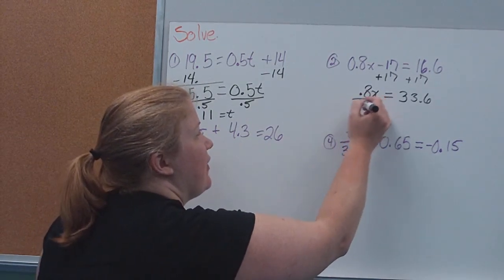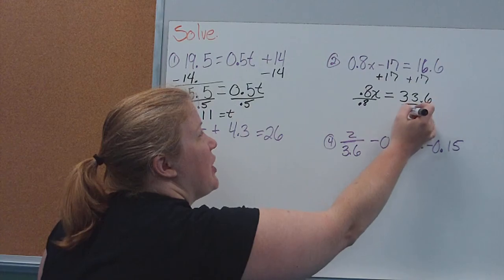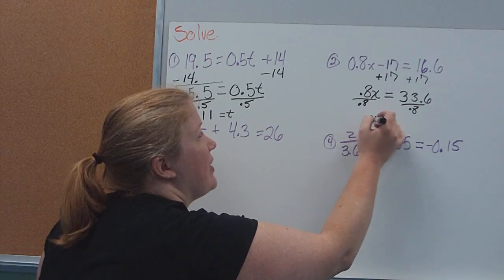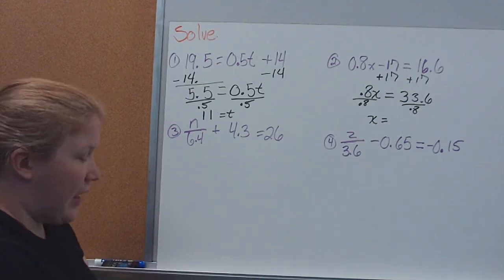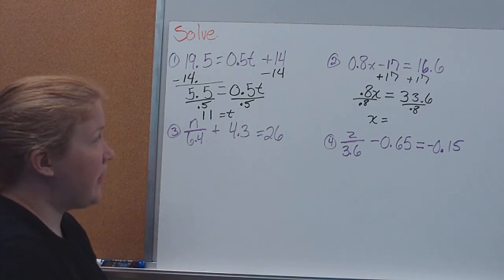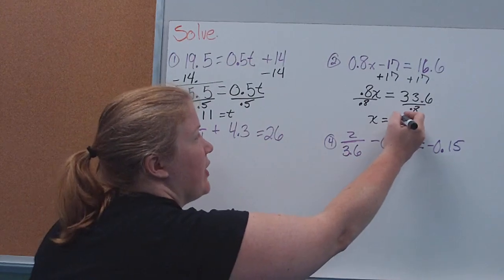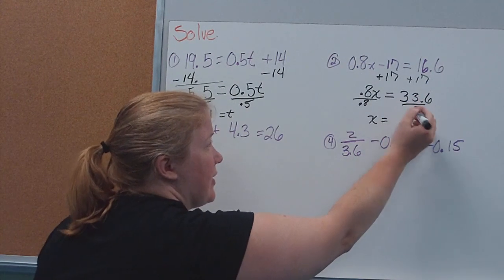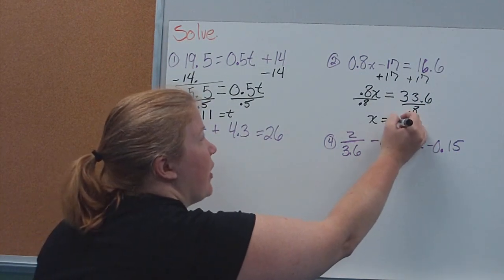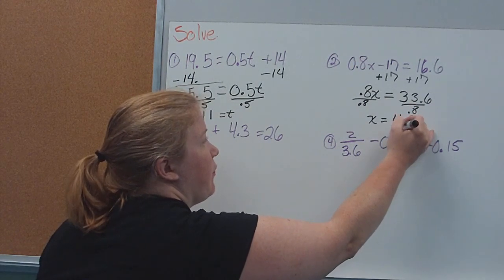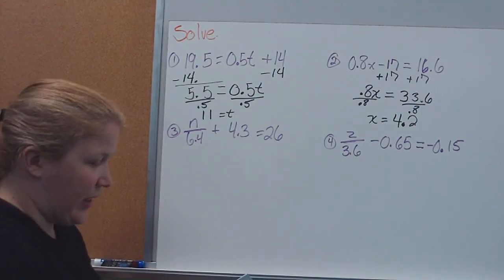Now, how am I going to isolate the variable? Well, I need to undo my multiplication now. I'm going to undo that by division. And I'm going to use the calculator for the sake of time. This division one, when I divide 33.6 by 0.8, sorry, that decimal was a little high, I wind up with 4.2. And again, we can go back and check that.